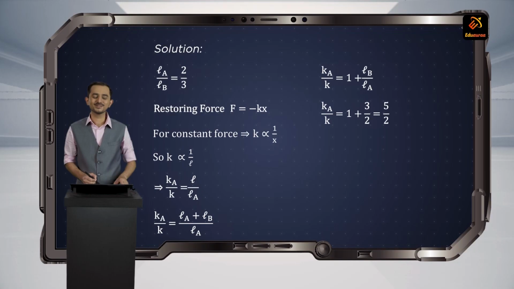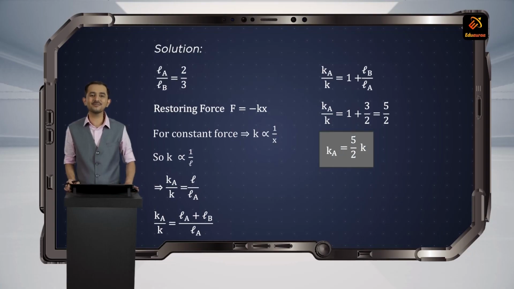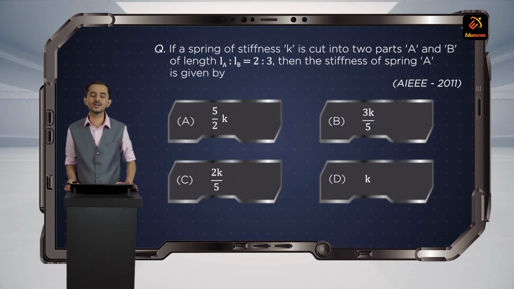So totaling up we get 5 by 2. So Ka divided by K equals 5 by 2. That means Ka is 5 by 2 times K. That means the spring constant for section A is 5 by 2 times K. And that's why the correct answer is option A, 5 by 2 times K.